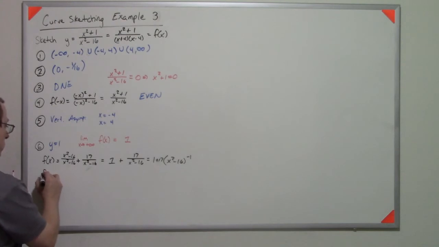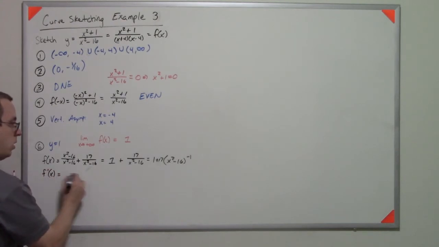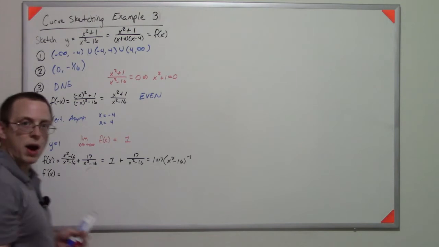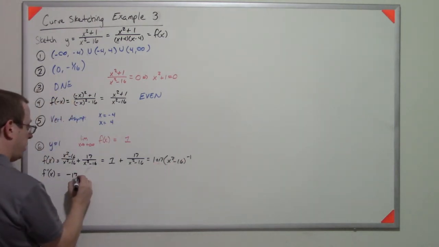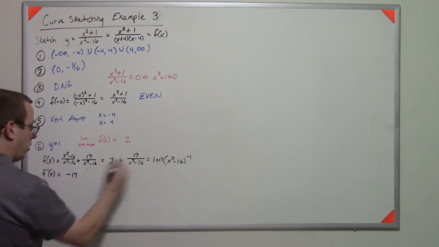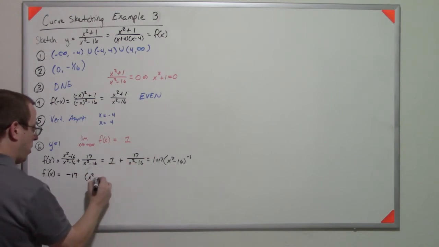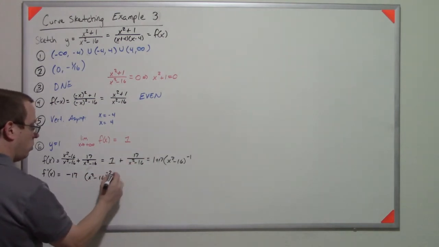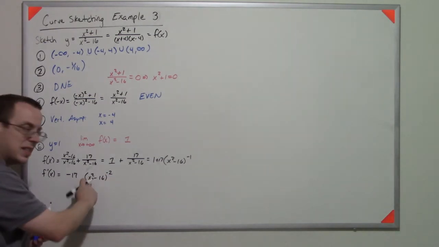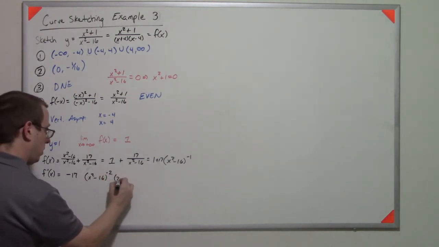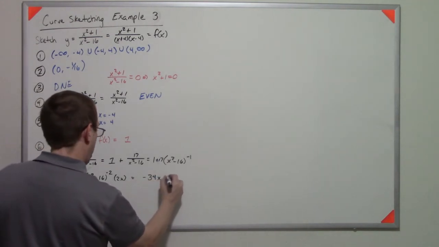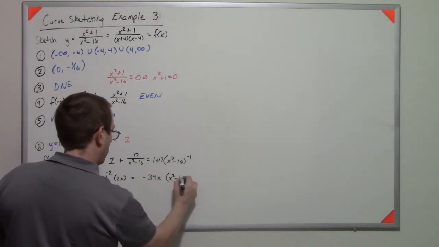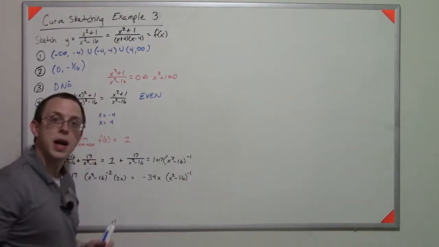So f prime of x, the 1 is going to derive to 0. The negative 1 is going to come down, so you're going to have negative 17, and then x squared minus 16 to the negative 2, and then the derivative of the inside is 2x. So you can rewrite that as negative 34x, x squared minus 16 to the negative 2.